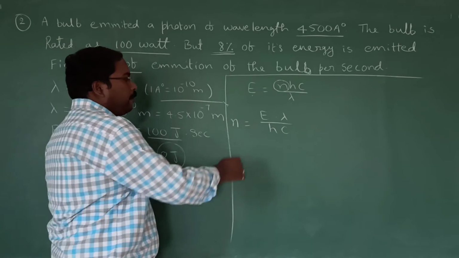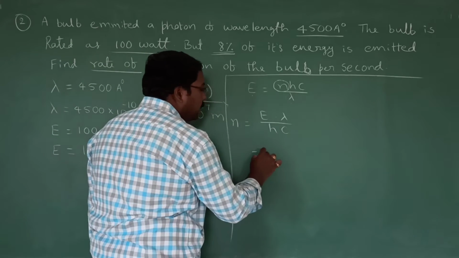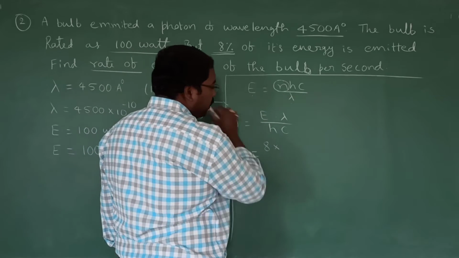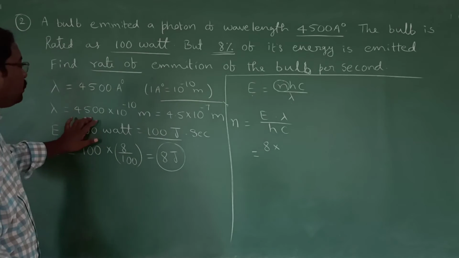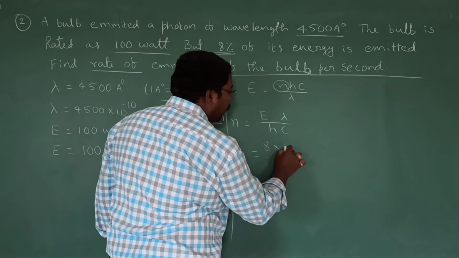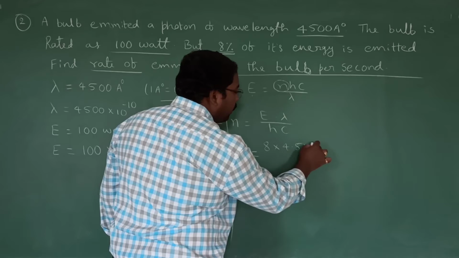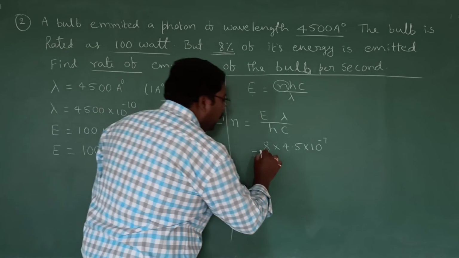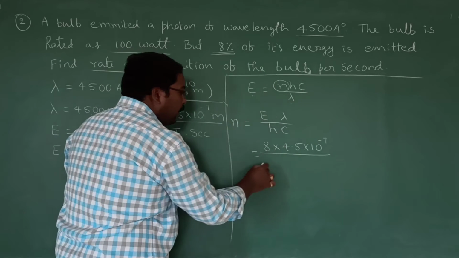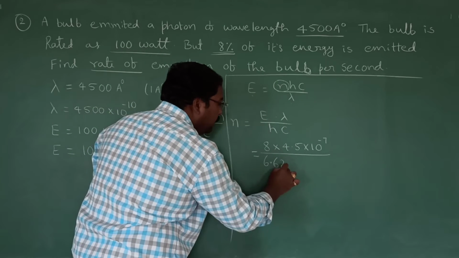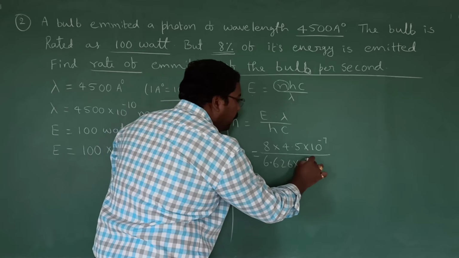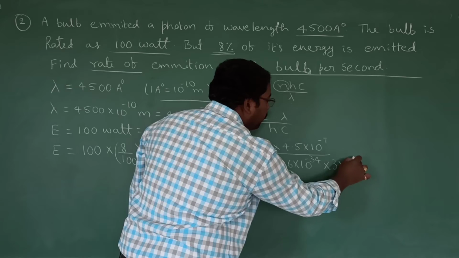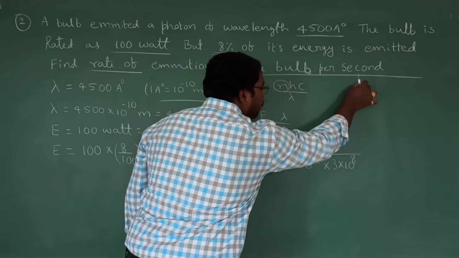Okay? Now substitute the values. Energy, how much did we get? 8 joules. Wavelength, how much did we get? They gave it as 4.5 into 10 to the power minus 7, divided by h, Planck's constant, 6.626 into 10 to the power minus 34, into velocity of light, 3 into 10 to the power 8.